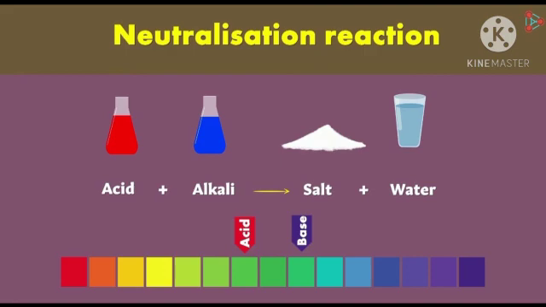Acid contains H plus hydrogen ions and alkali contains OH minus hydroxide ions. The reaction between an acid and an alkali to form salt and water is termed neutralization. This chemical reaction is called neutralization.